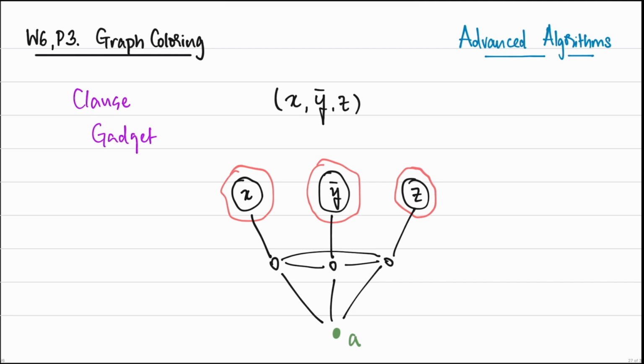Notice that now this all red coloring on X, Y bar, and Z is not really extensible because remember, you only have 3 colors to play with.